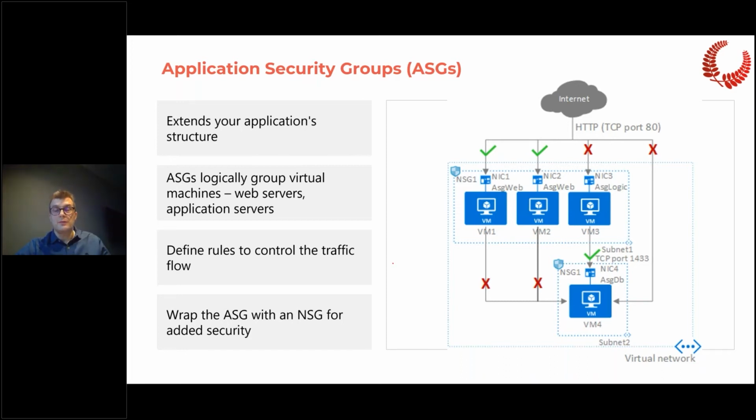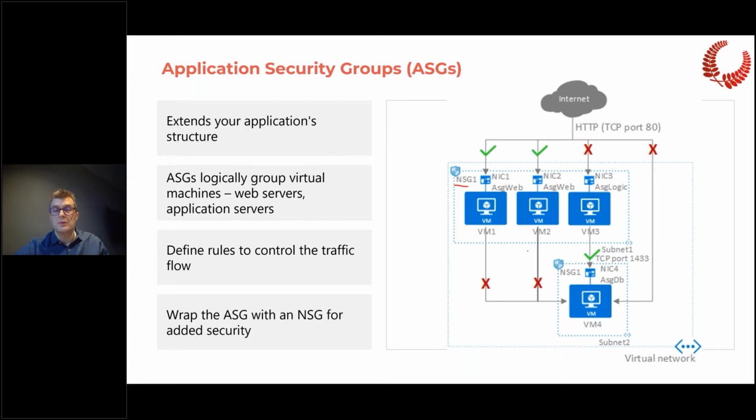Hence, if we have an application security group that consists of 3 servers and we need to add 3 more, we just need to add them to the application security group, and we don't have to define any additional rules on network security groups for that case.